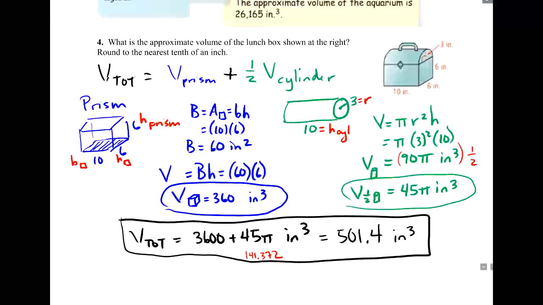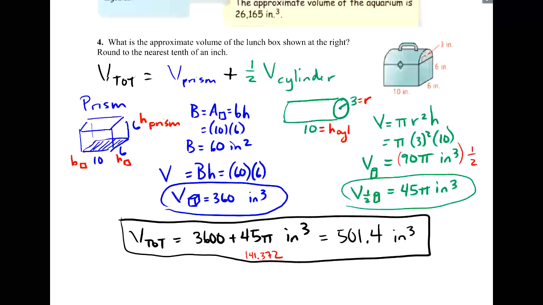I know that the base of my rectangle here is 10. The height of my rectangle here is 6. That allows me to find the area of the base, and then I multiply that by the height of the prism, which I also labeled very clearly, and I get 360 inches cubed.